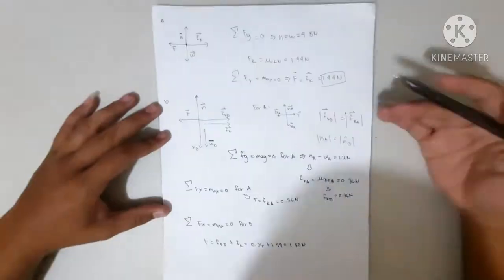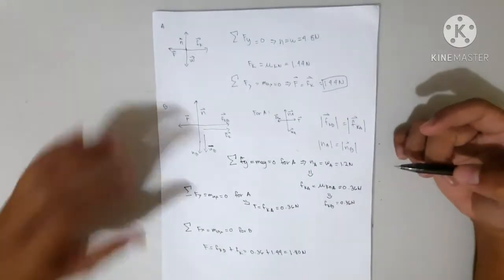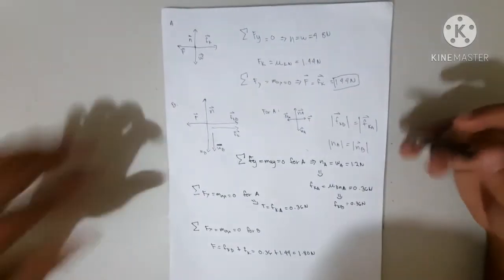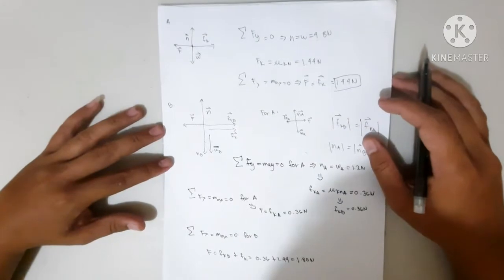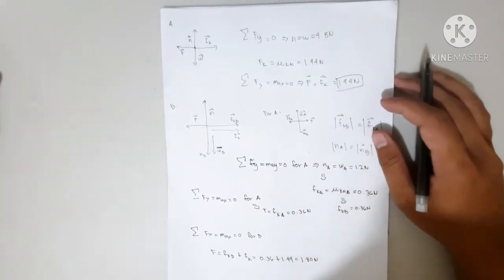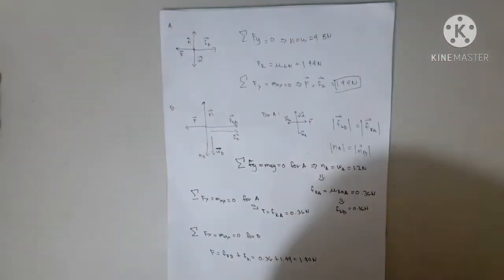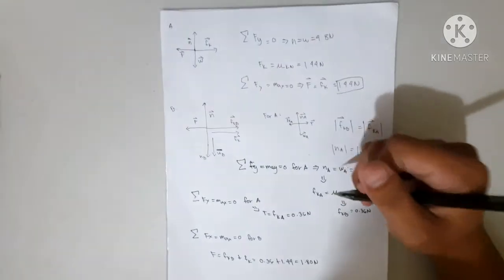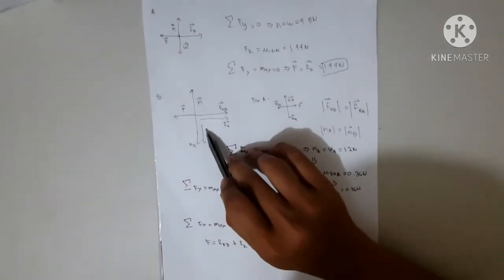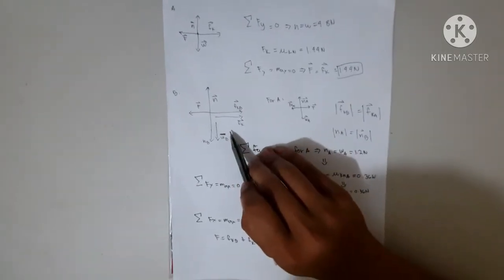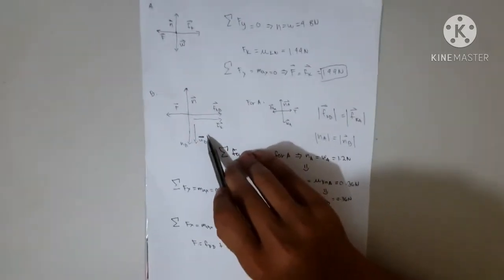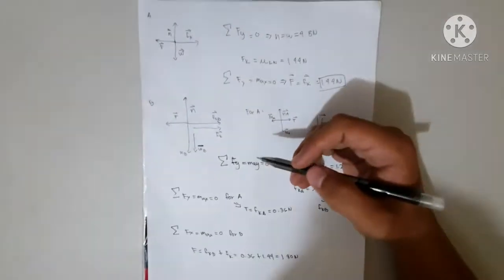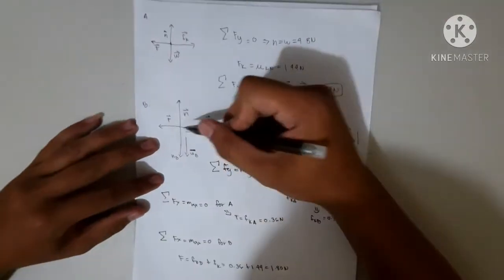So as you can see, I have already written down the solution and the force diagram, in order for me not to complicate talking while writing. So it would help if we draw the force diagram for block B. The force diagram is kind of complicated. As you can see, there's a normal force going up.